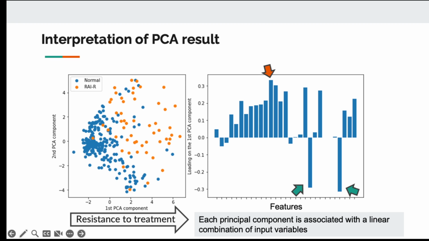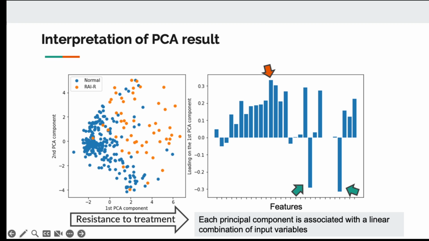Because we are interested in the orange data points located to the right, these are data points with a high score on the first PCA axis. So we look for genes, or input variables, with a high positive coefficient. Whatever this gene is, these are the genes that explain why these cells or patients have a high score. And genes or input variables with negative coefficients are the ones that are correlated with being from the normal group.